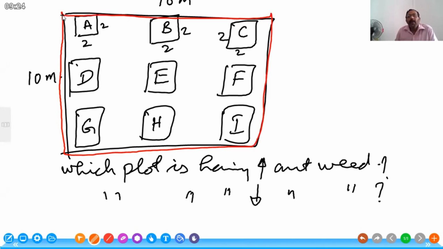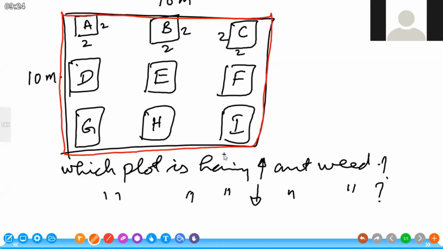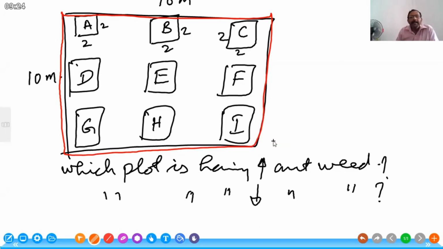Now tell me, we have to tell precisely which one is having high and which one is having low. Which side has the water entering area? There is no irrigation channel here.